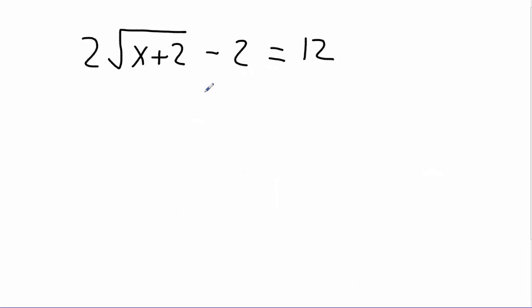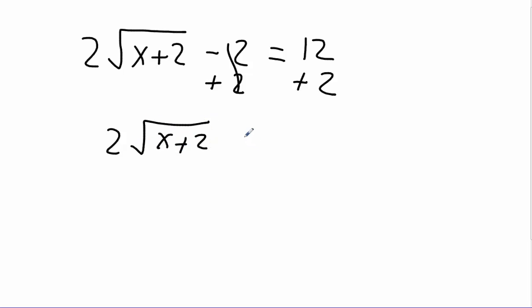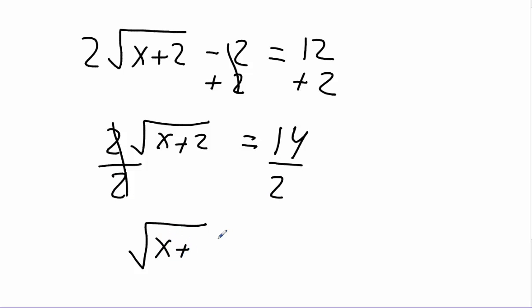It's kind of like reverse PEMDAS, where in PEMDAS you do multiplication, then addition. Since it's reverse, we want to get rid of the addition or subtraction by adding 2, and then get rid of the multiplication or division. So we have 2 times the square root of x plus 2 equals 14. Divide by 2, divide by 2. Square root of x plus 2 equals 7.